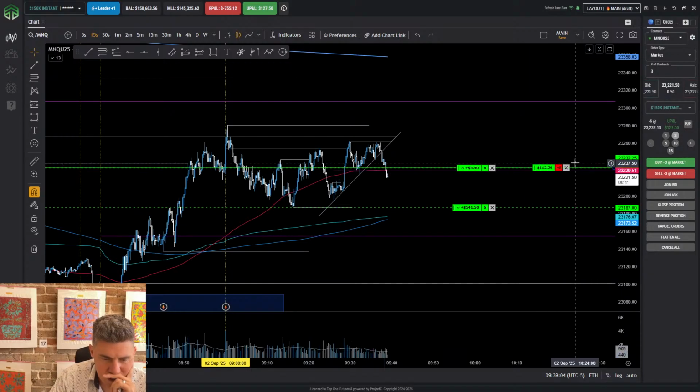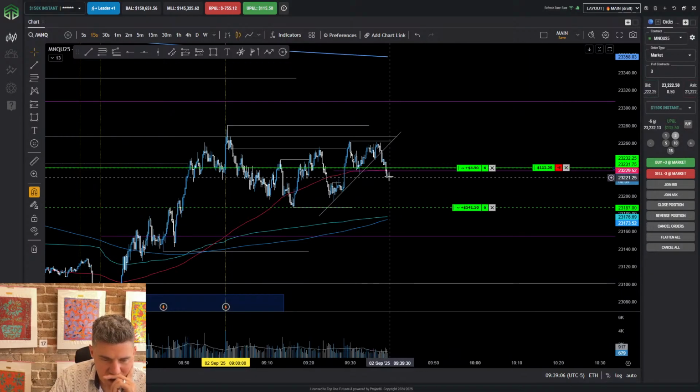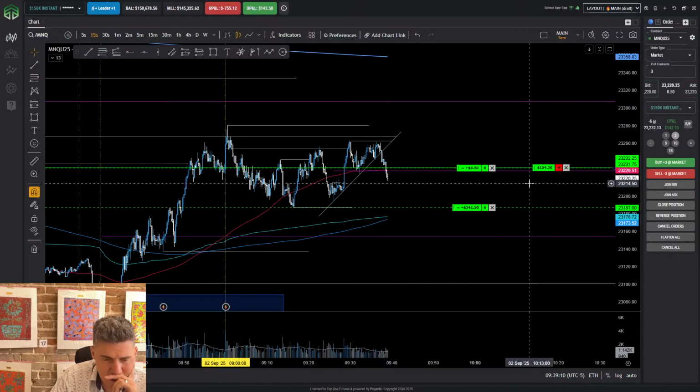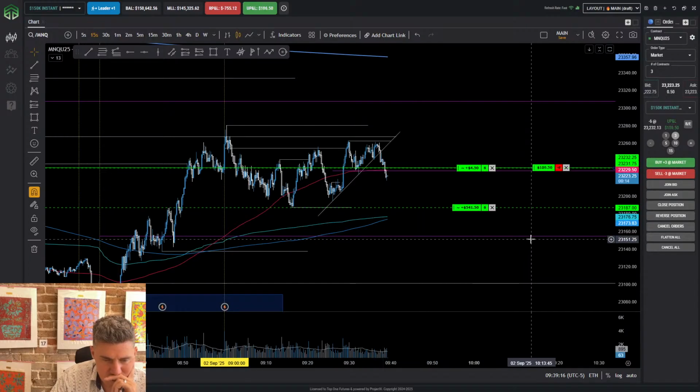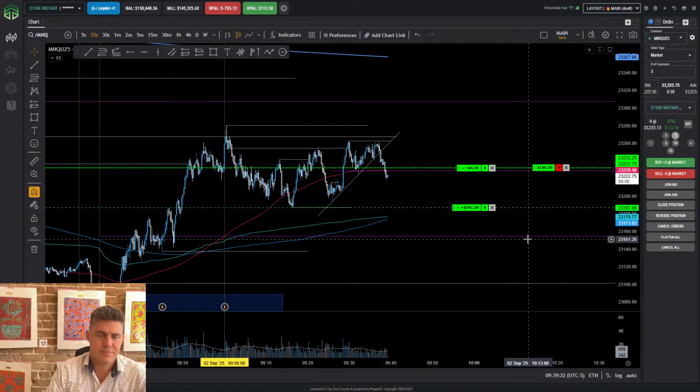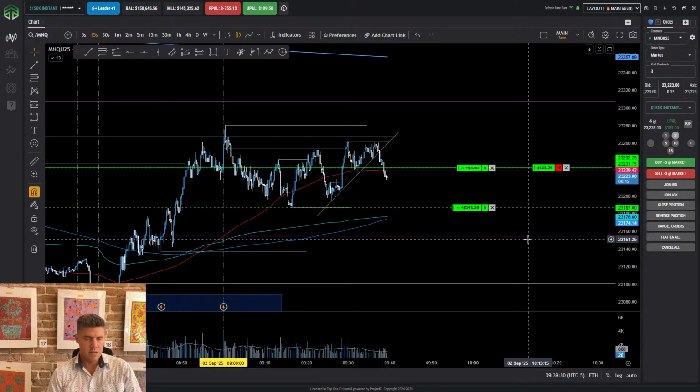Taking no risk, and I'm just adding on the way down because this should super fail past this level and take them out. Bounce off VWAP, 20 period SMA. Super easy to lose.